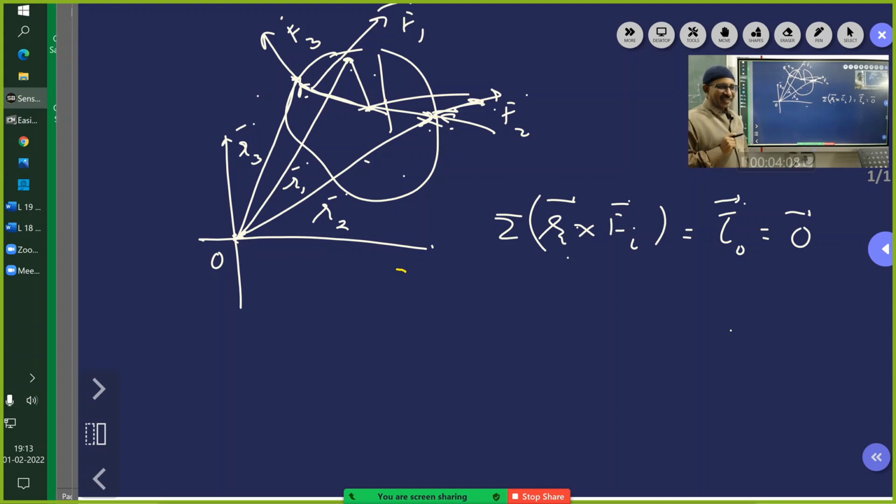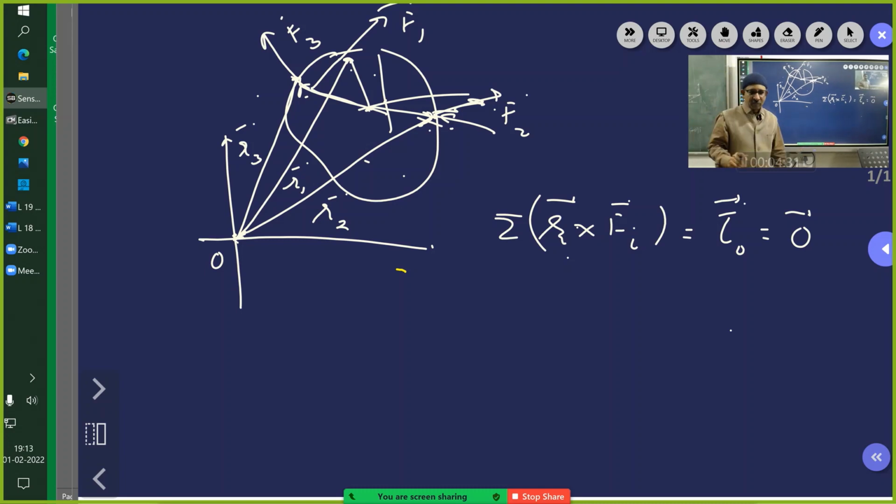Nothing more. Or these 3 forces are parallel to one another. Tau O bar equal to 0 implies all these 3 forces are concurrent, or these 3 forces are parallel to one another. Clear? That sums up everything.